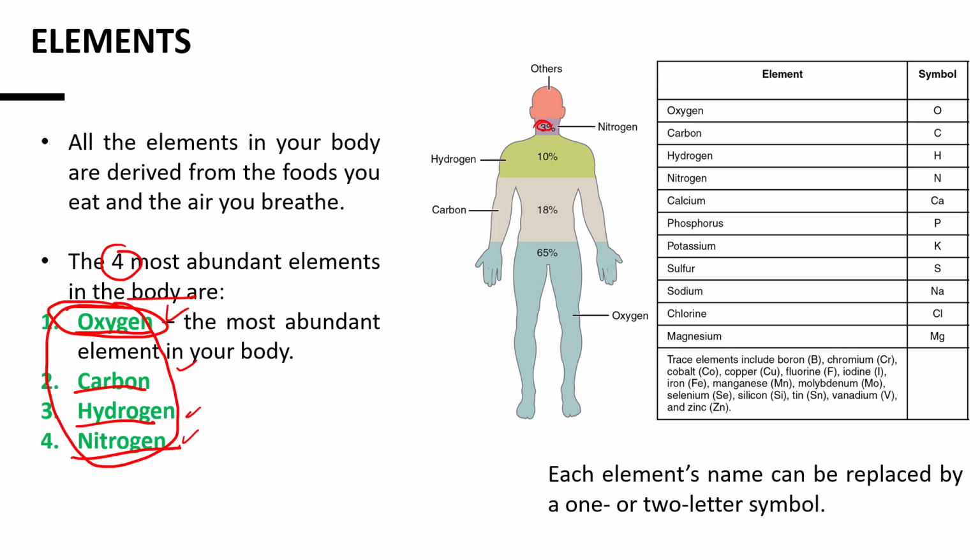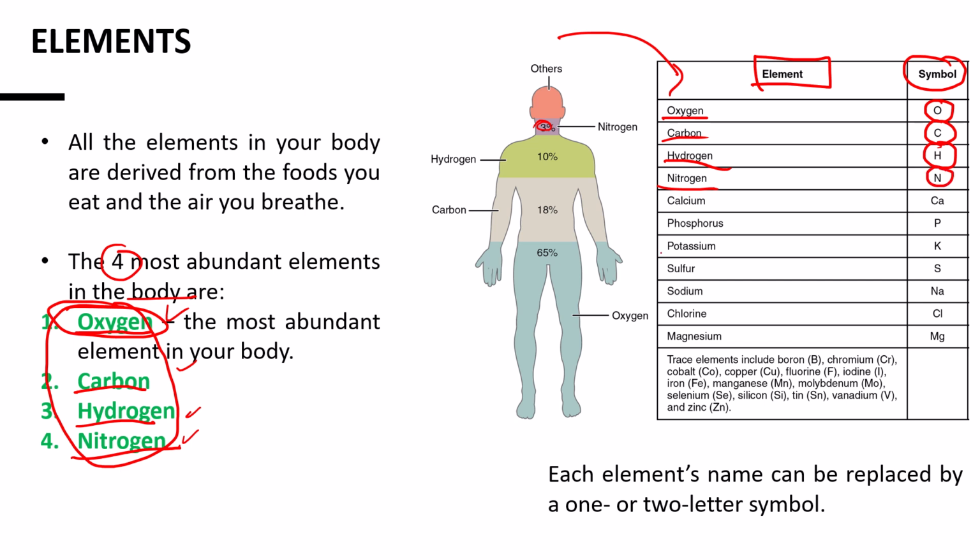What else? Let's look at this table of these elements. For your exams, it's important to recognize the symbol of some elements. For example, the symbol for oxygen is just an O, so that's pretty easy. Carbon is a C, hydrogen is an H, and you can apply that to the majority of the elements, but there are some you have to be careful with, and I'm going to show you that.